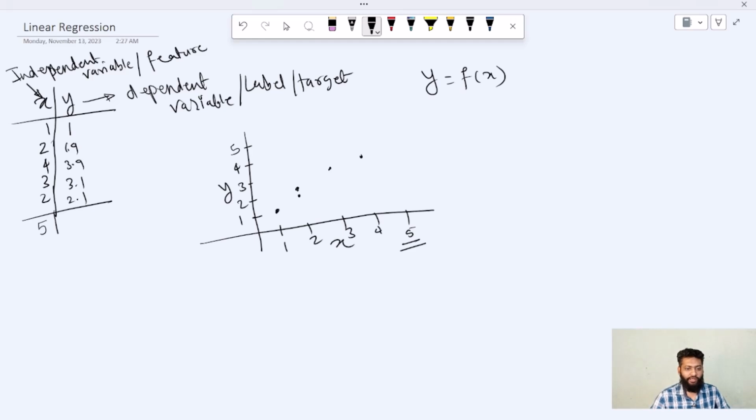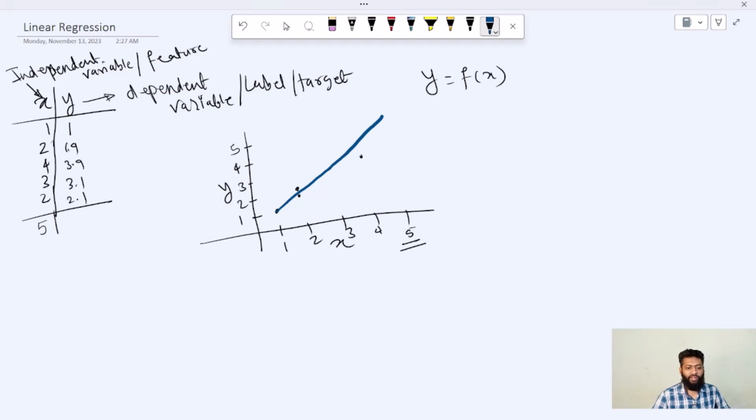So in linear regression, we need to find the best fit line. Suppose we join this point over here and this second point. So this is the line for these data points.